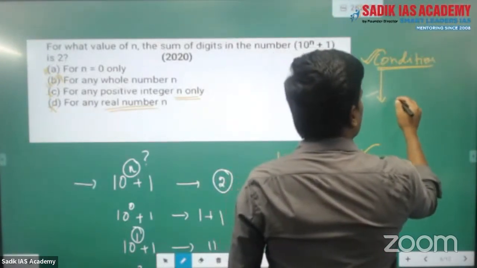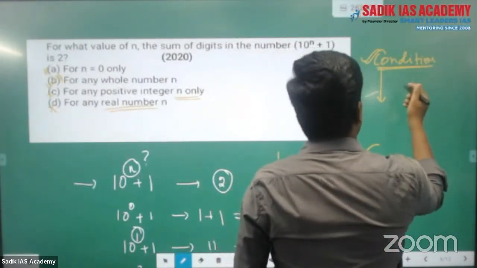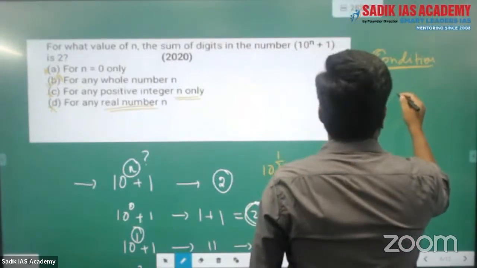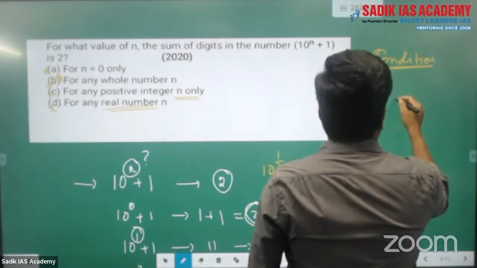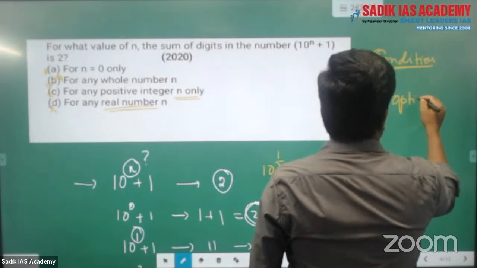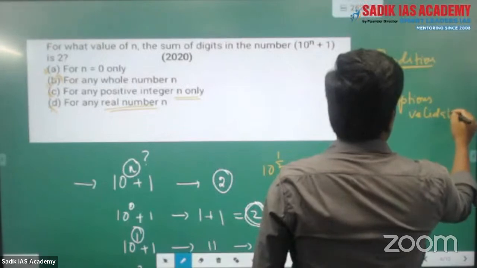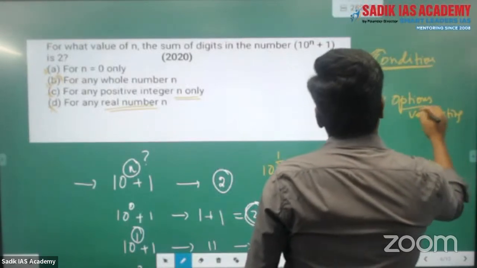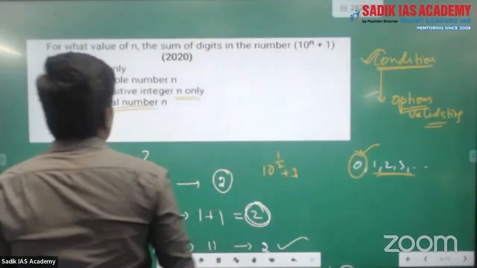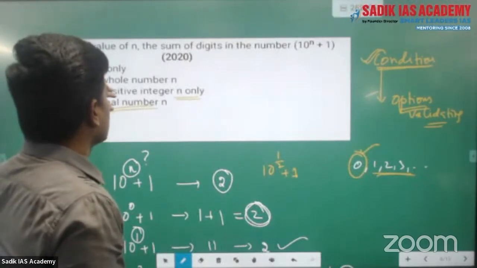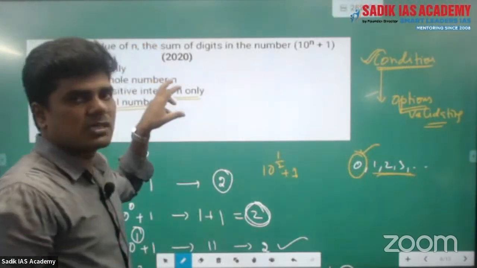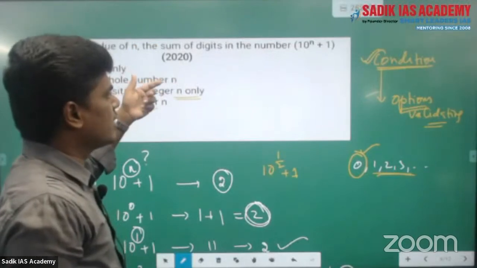That is what you have to do here. This is another method. So we are validating the options based on the condition. What is the given condition? Which option is correct as per the condition we are checking.